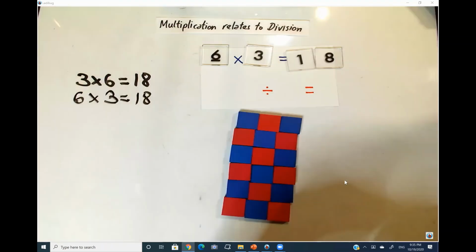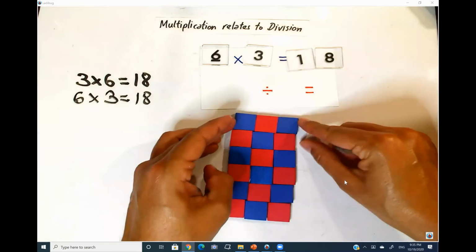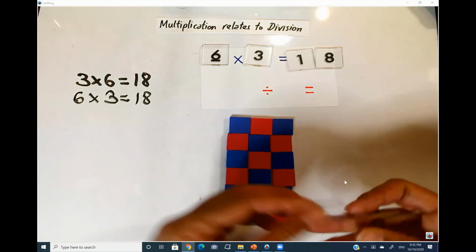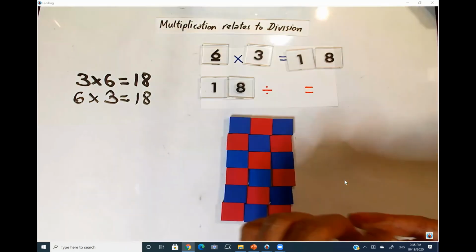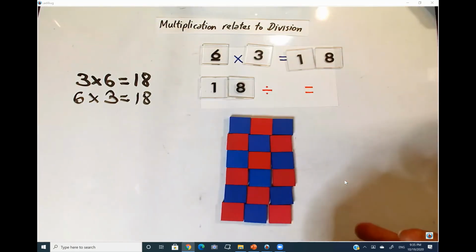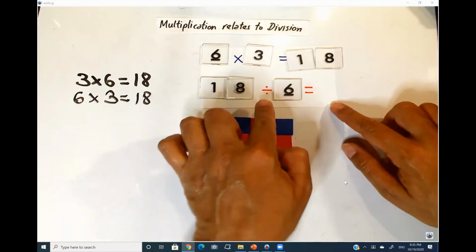Now, how does that relate to division? Division, remember, is the opposite of multiplication. So that means we're going to have 18 objects, and we're going to separate them in 6 groups. And my question is going to be how many in each group.